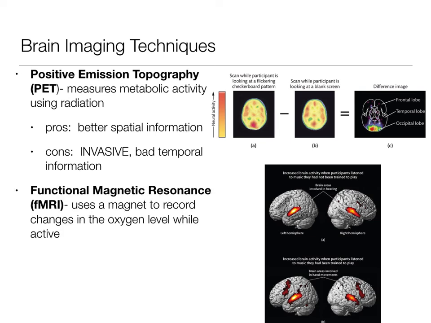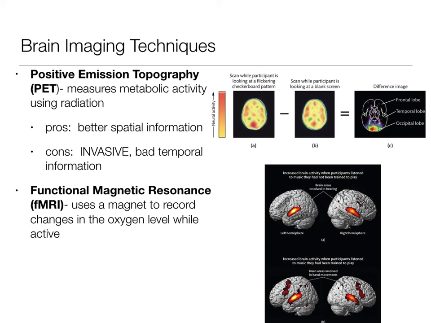The best one that we can do for spatial information is the fMRI. Now, the fMRI is using the exact same technology as the MRI, but they are not the same. The fMRI uses the technology of the MRI while the person is active. That's what the F stands for, functional.